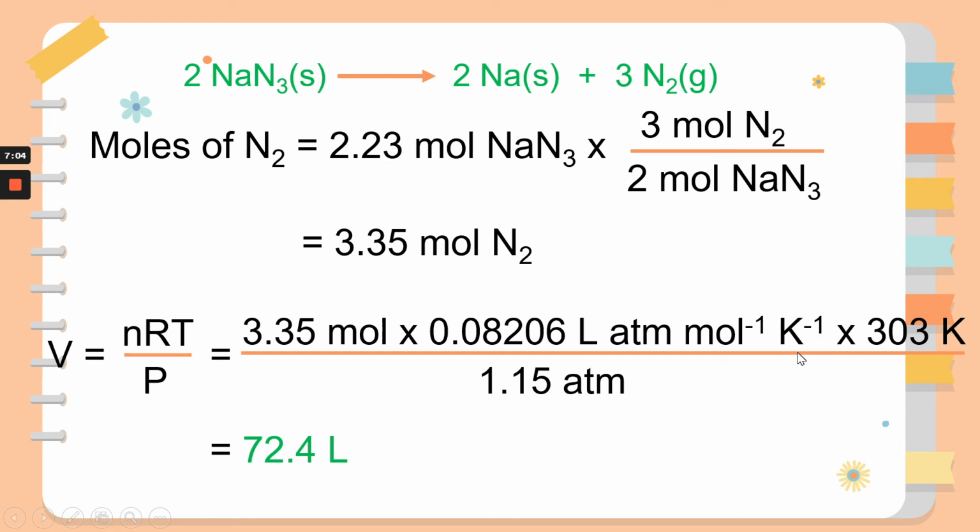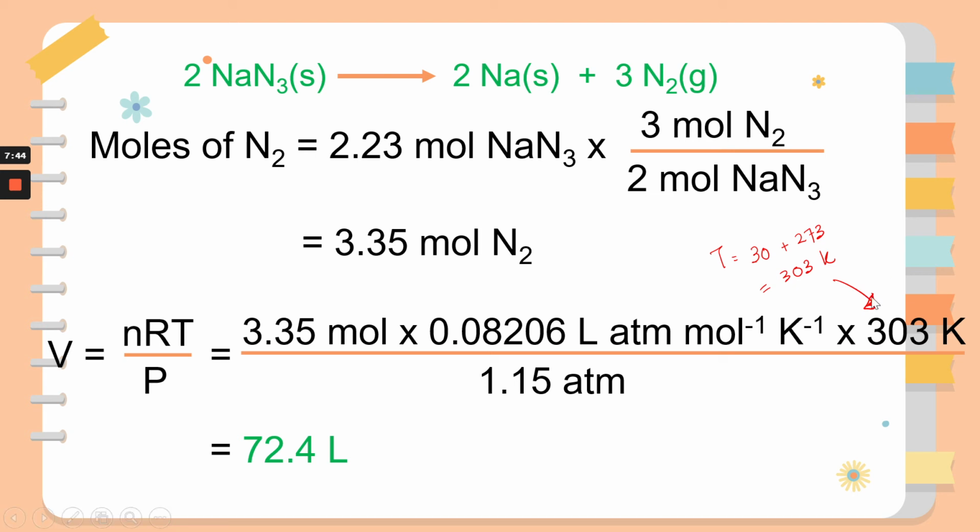And we have to convert the temperature to Kelvin. The temperature given to us is 30 degrees Celsius, so we have to convert it. Temperature is equal to 30 plus 273, so we have 303 Kelvin.